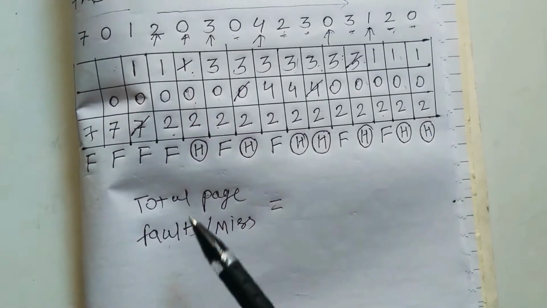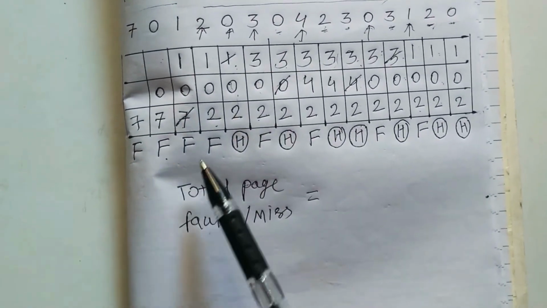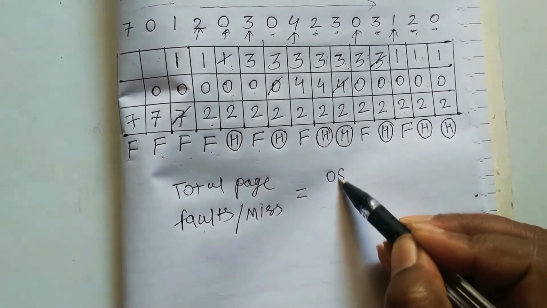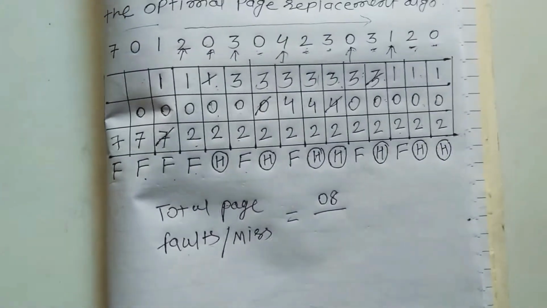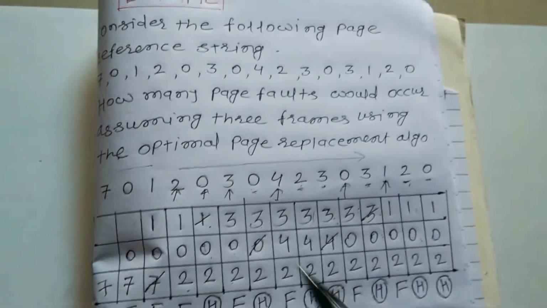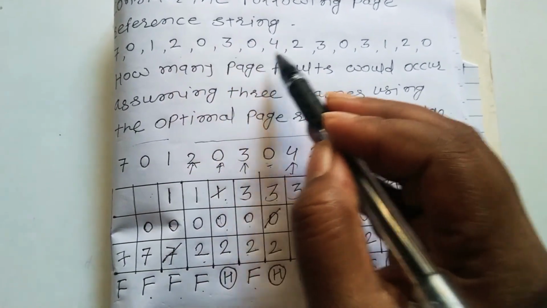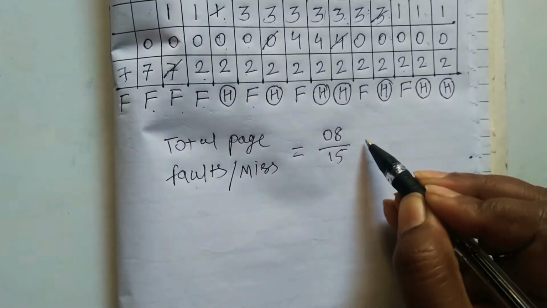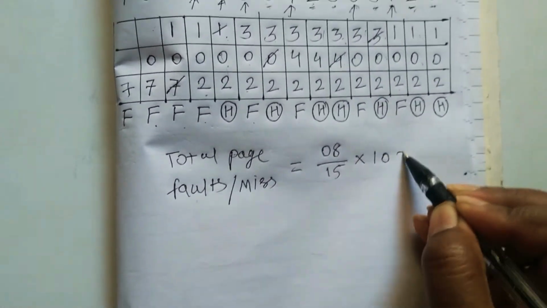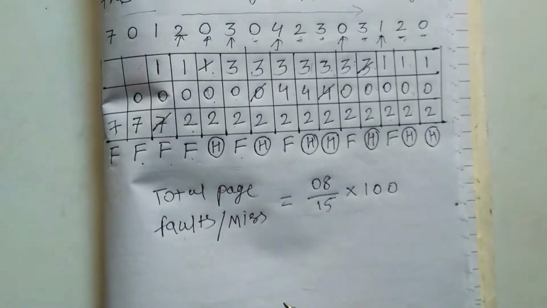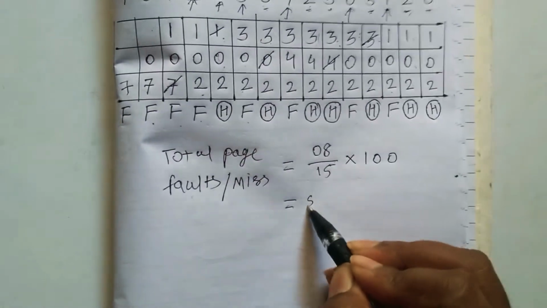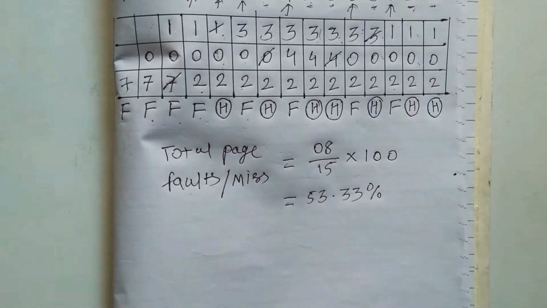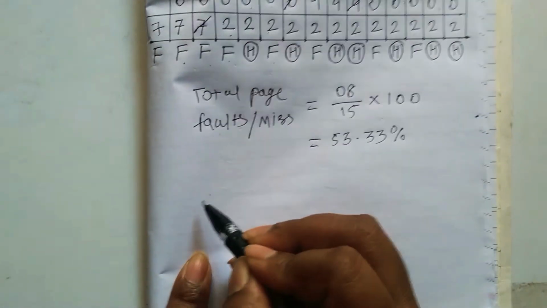So how many page faults are you getting? 1, 2, 3, 4, 5, 6, 7, 8, divided by the number of pages in the string that is given, 1 to 15, and always you have to multiply that by 100. So the answer of this is 53.33%.